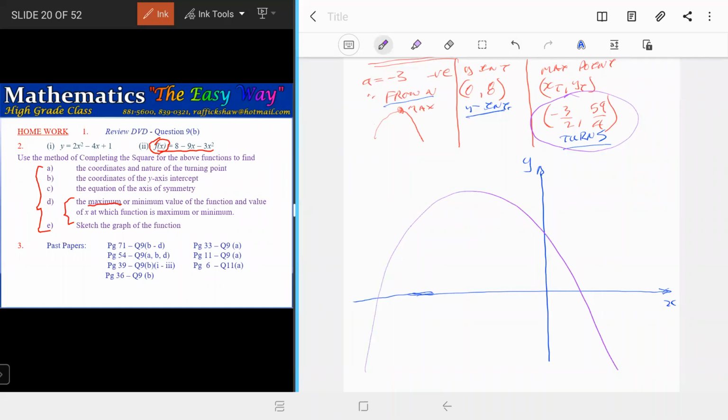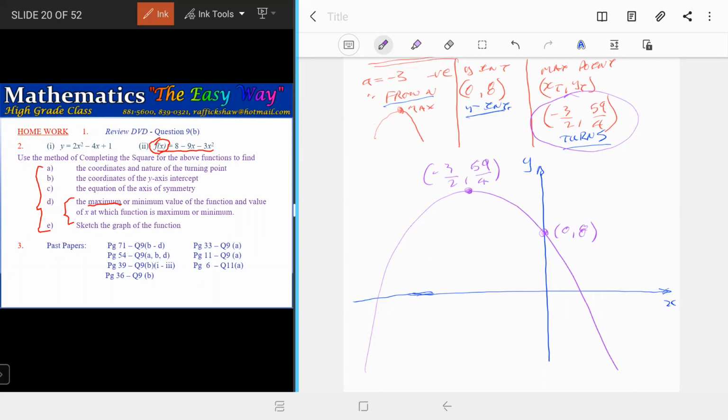And then you just label it properly. So I'm going to mark this point first, the y-axis intercept, as the point (0, 8). I'm going to mark this maximum point up here where it turns, the highest point on the graph. I'm going to write the coordinates negative 3/2 and 59/4.